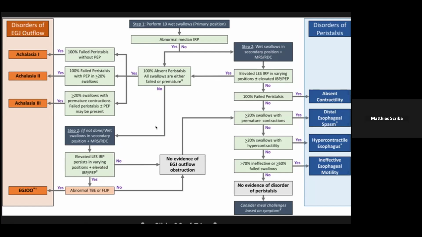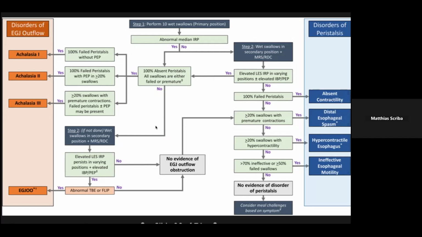It's a long document, the Chicago 4, if any of you have read it. But it basically is the document we use to decide what diagnosis to come up with based on the manometry. That's what it's there for. It's not perfect, and many patients don't fit a specific manometric diagnosis, so sometimes it can get quite challenging.